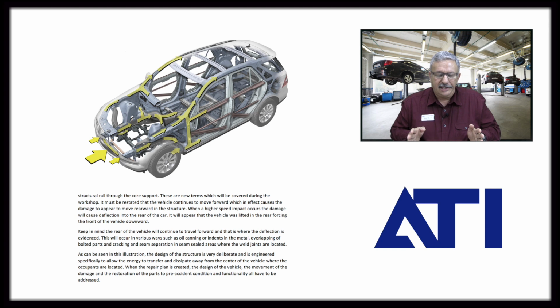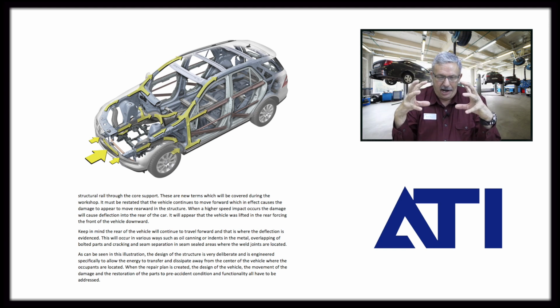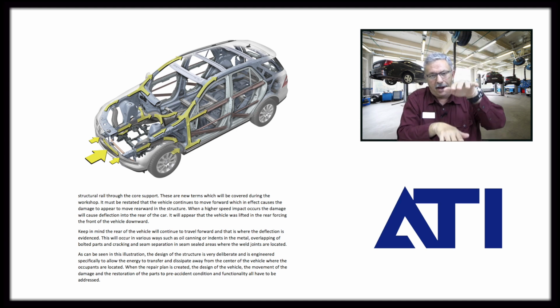What it's telling me is as that occurs, the damage is going to go back, but there's a kick-up area in the frame rails which is going to push the damage down and under the driver. There are also frame rails above that are going to push the damage up and over the driver. The idea is that the greenhouse that we talked about stays safe and the damage transfers around it.